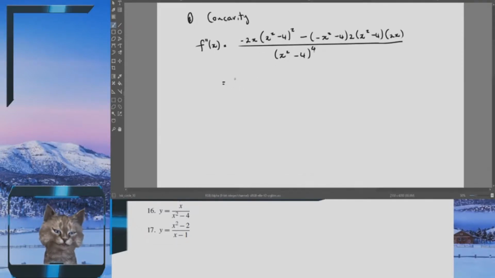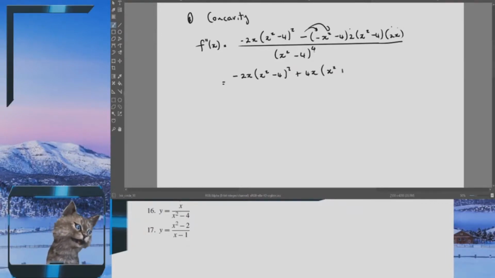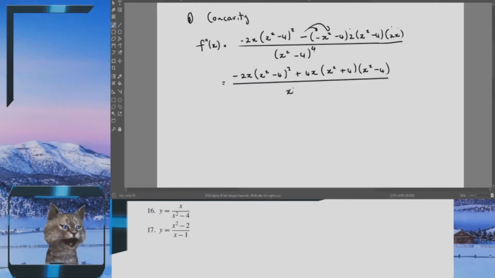Now it's a matter of cleaning up the top here. I'm going to leave the first term the way it is, and just see what I can do with the second one. I'm going to take this minus into that first bracket and put the 2 and 2x together. So then it becomes x squared plus 4, and the other x squared minus 4 is still there, over x squared minus 4 to the 4.